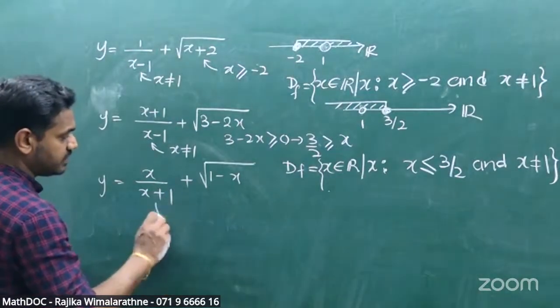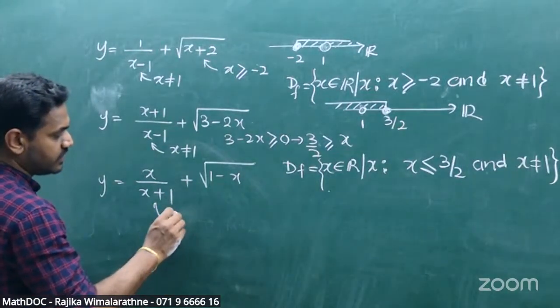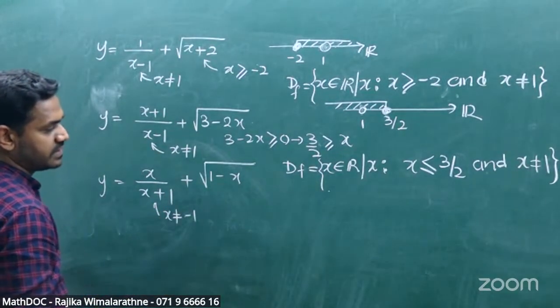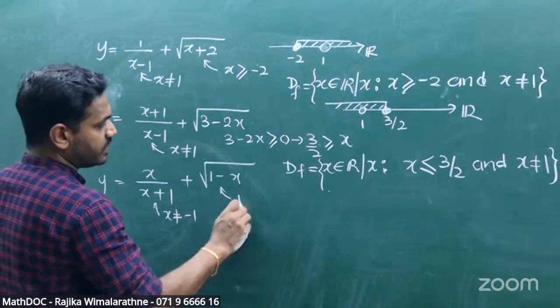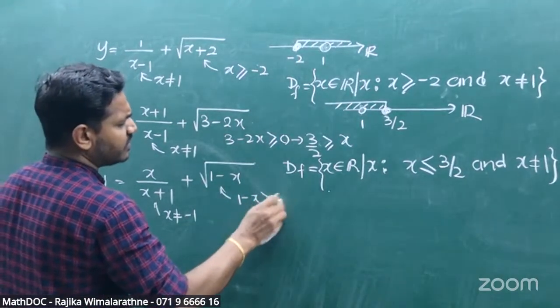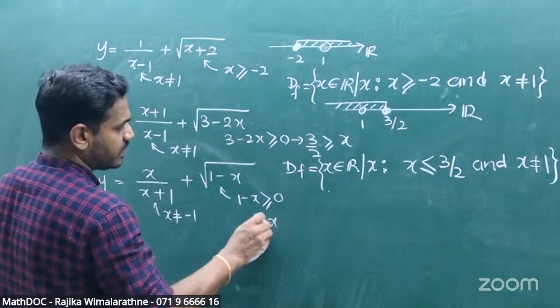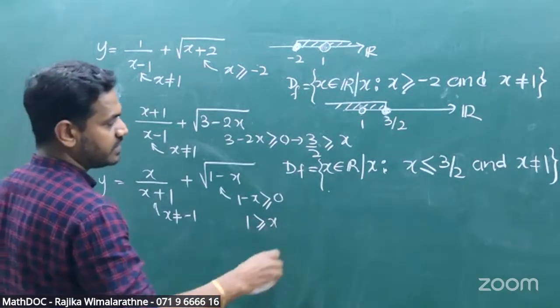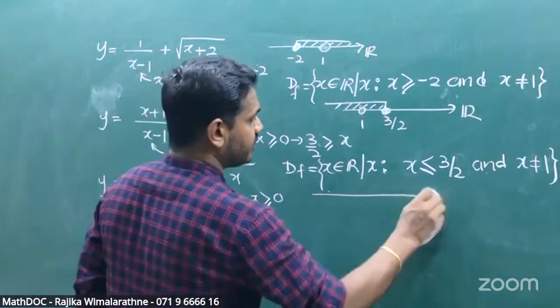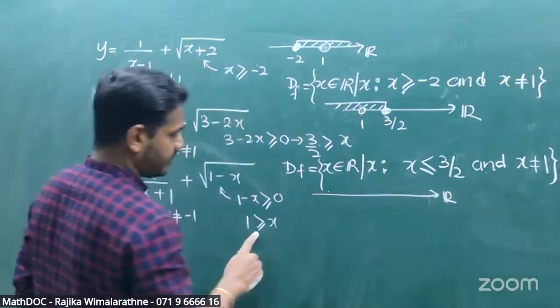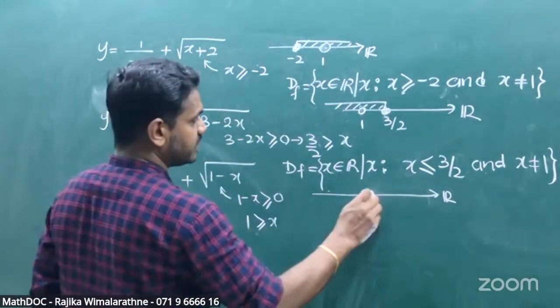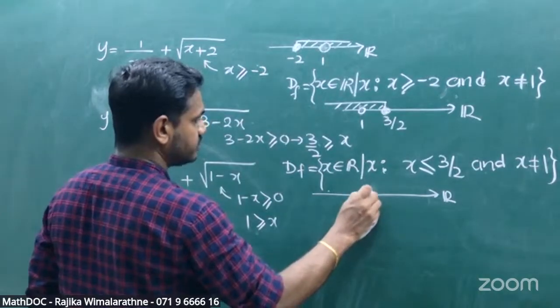Then the last one here. X not equal minus 1. Here 1 minus x greater than or equal to 0, so x value less than or equal to 1. Then mark that on a number line. Here value less than or equal to 1.